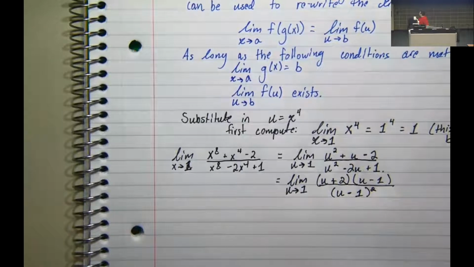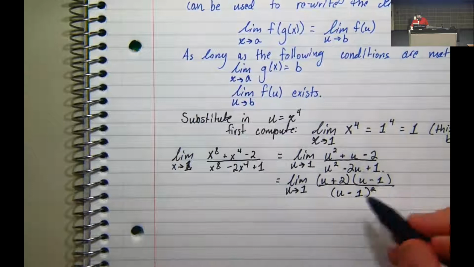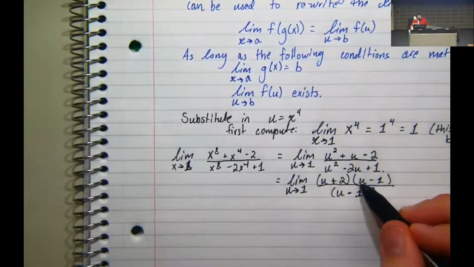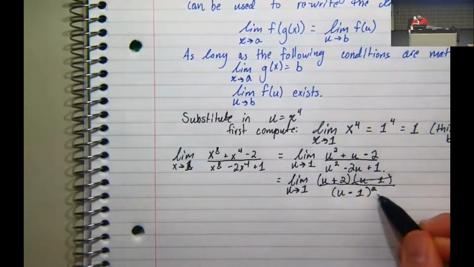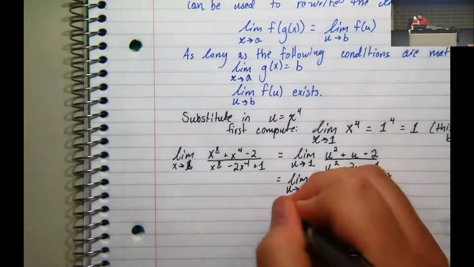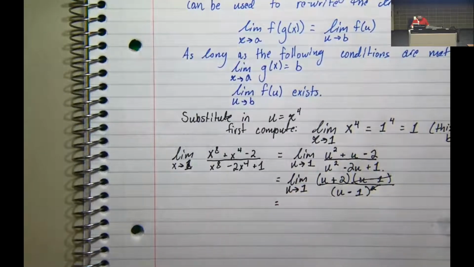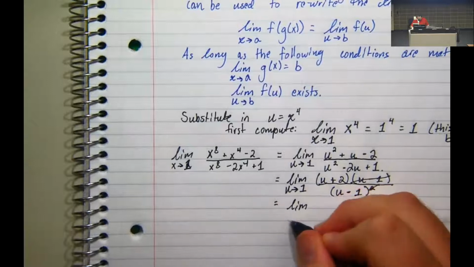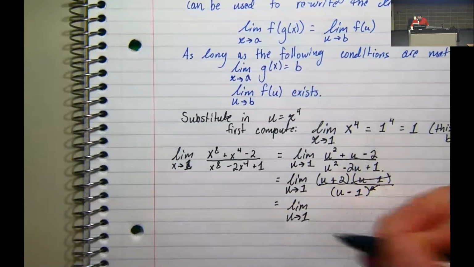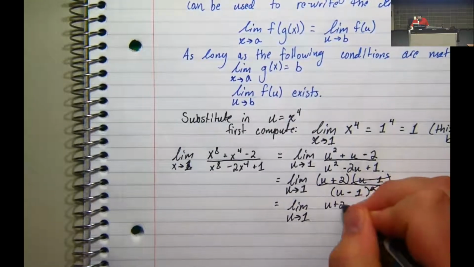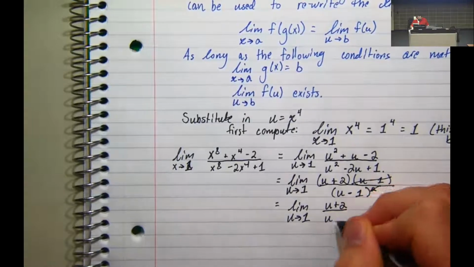Okay, and so now that we have that, we do have common terms. So we're going to go ahead and eliminate those. So u minus 1 and the squared, that gets us the limit as u approaches 1 of u plus 2 over u minus 1.